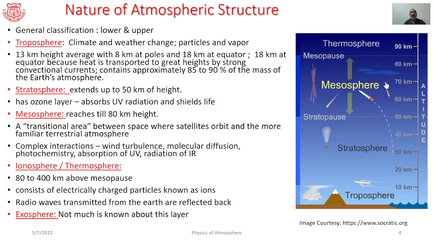It consists of the electrically charged particles, ions, and the radio waves which are transmitted from the Earth's surface are reflected from this thermosphere. Beyond that, there is an exosphere, and we do not know much about the characteristics of this exosphere.